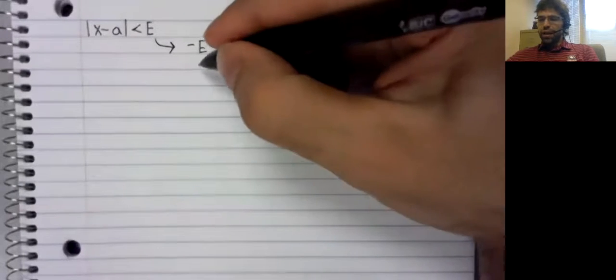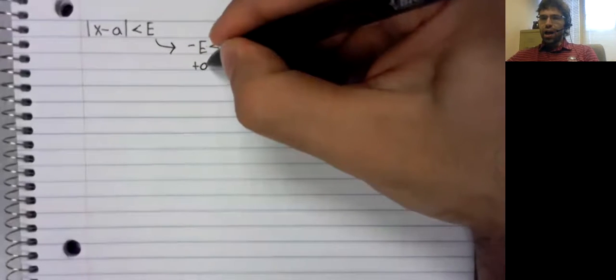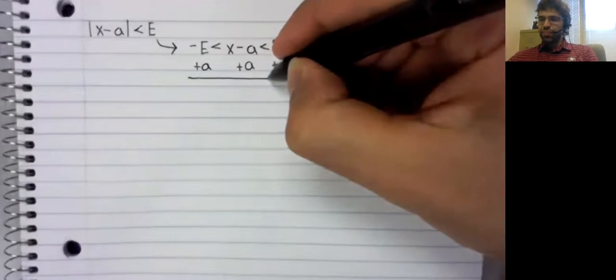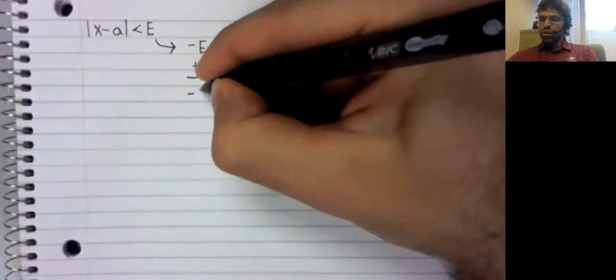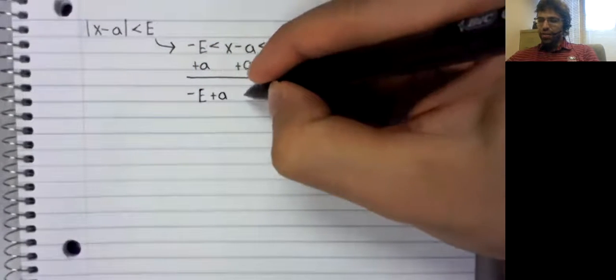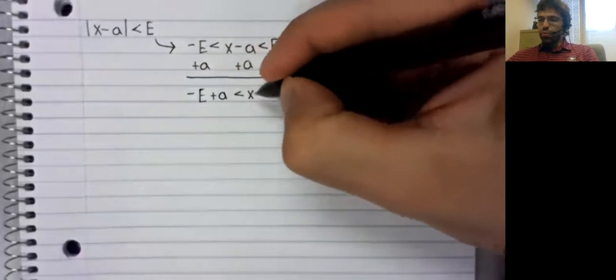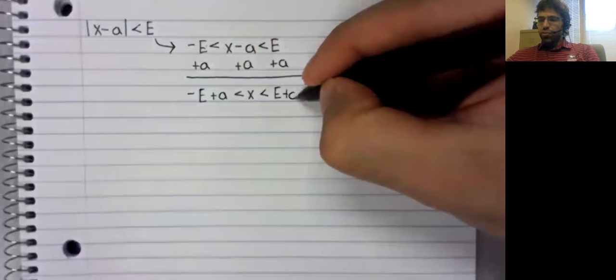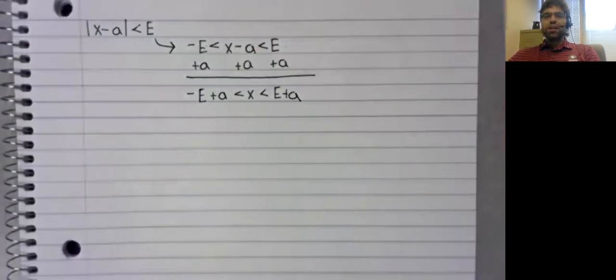We no longer have two sides of the inequality per se, but we have three pieces: a left piece, a middle piece, and a right piece. And we can add the same thing to all three pieces, just like we can add the same thing to both sides.